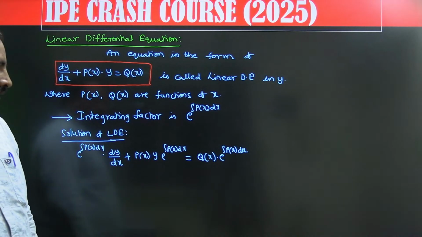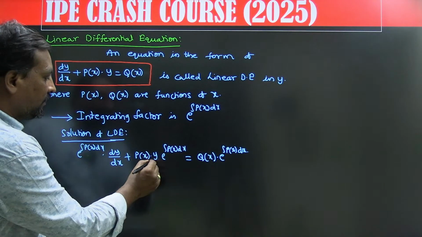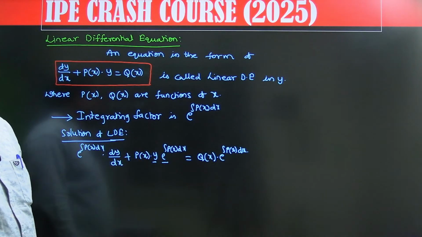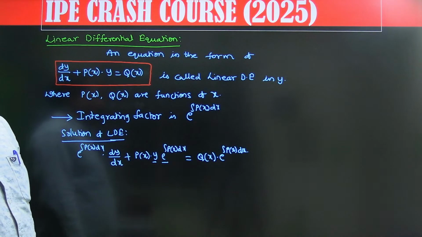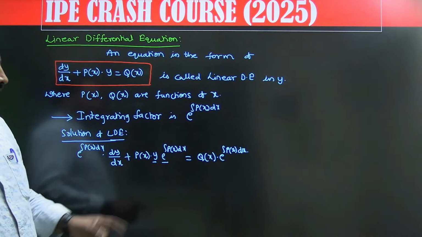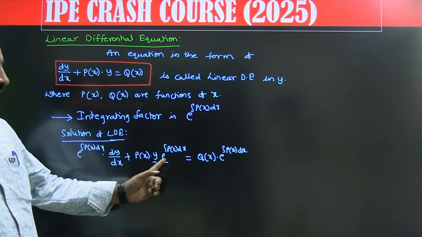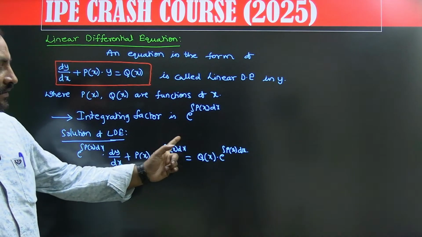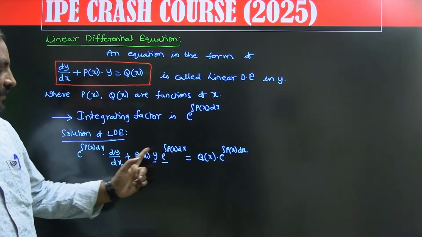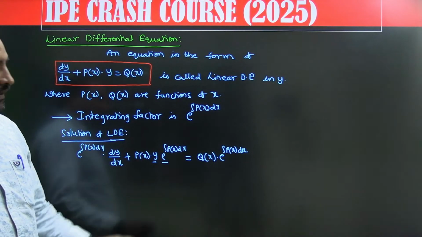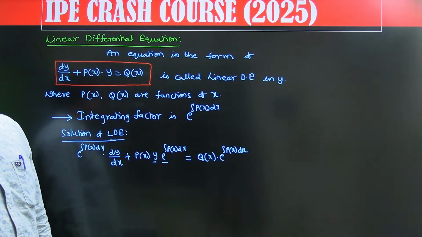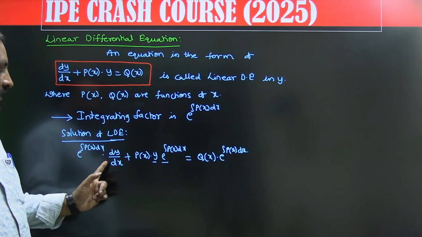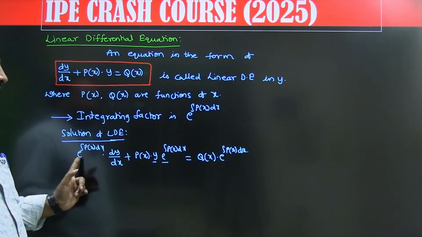Then if you observe, take this as u and this as v: the differentiation of the first, y is constant; differentiation of the second, e power integral p of x dx, gives p of x times the same term.